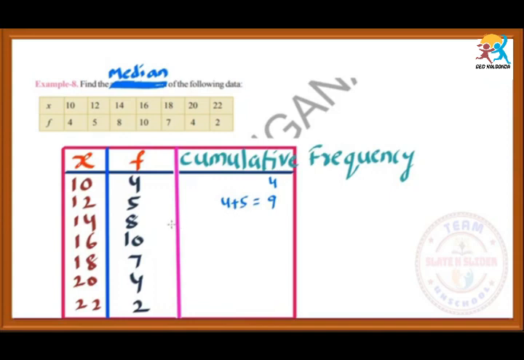For the third one we have to add 4 plus 5 plus 8, that is equal to 17. For the next we have to add the four frequencies, 4 plus 5 plus 8 plus 10, that is 27. Like this we have to add. So 27 plus 7 is 34, 34 plus 4 is 38, 38 plus 2 is 40.